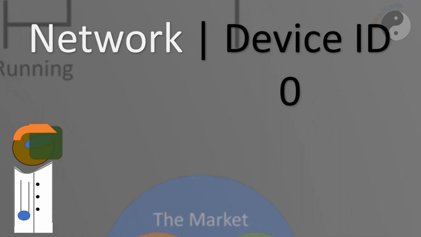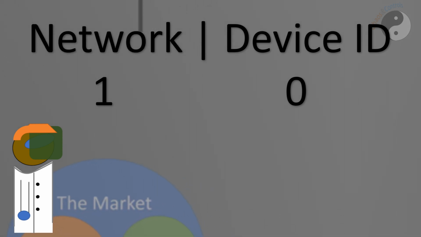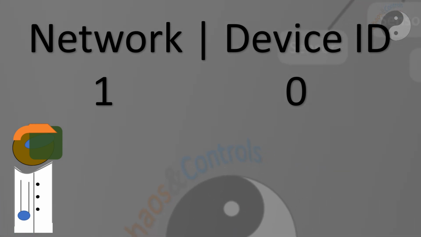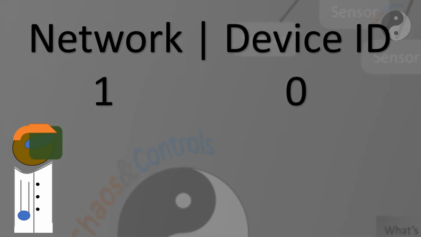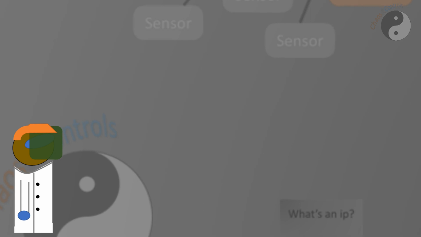Starting to sound an awful lot like a binary number. So if we say let's make a 1 represent a number that is a part of my network, and a 0 represent a part that is my device, a standard Class C home network subnet looks something like this.